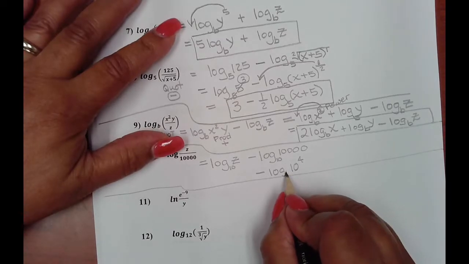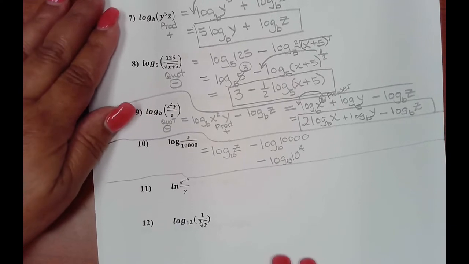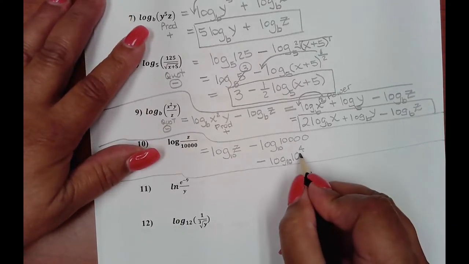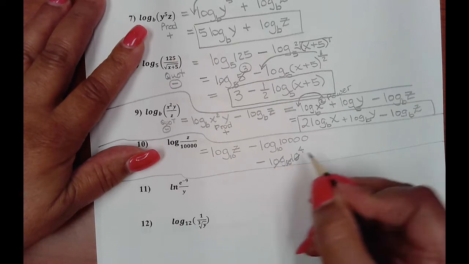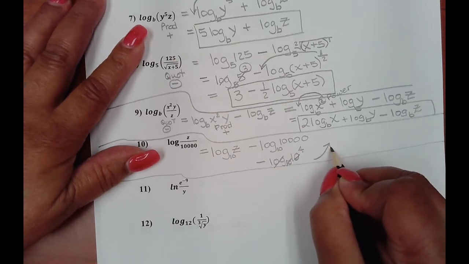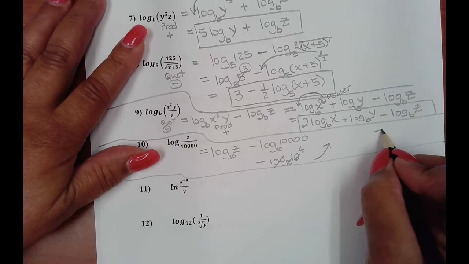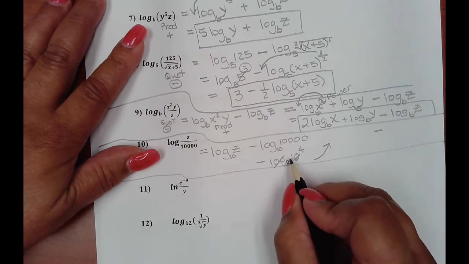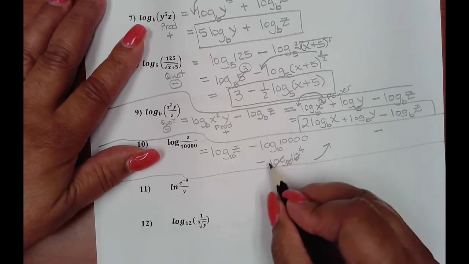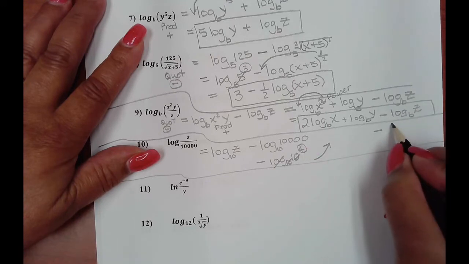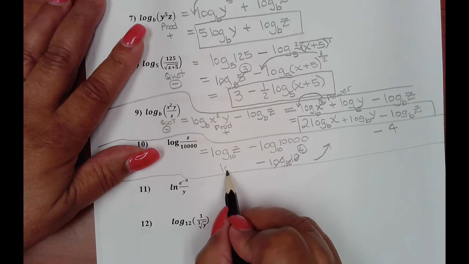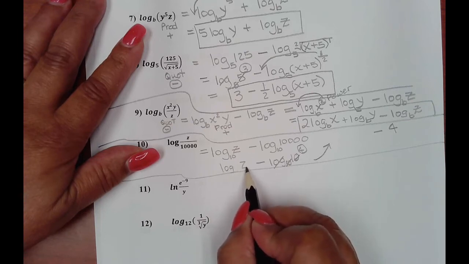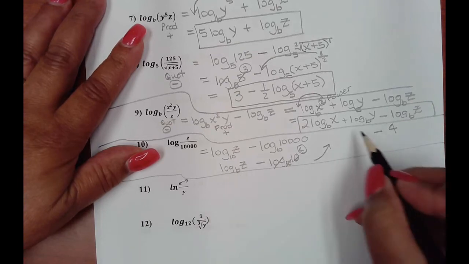Anyway, by doing this, putting it in power form, you now are in a situation where the inverse property applies. This argument matches the base. They cancel, take the word log with it, and you get this as an answer. For that second term after the minus sign, the entire value that this is equal to is 4. The term before the minus sign, you cannot simplify that any further, so it's just log of z base b.